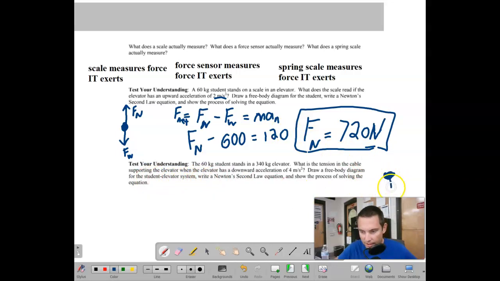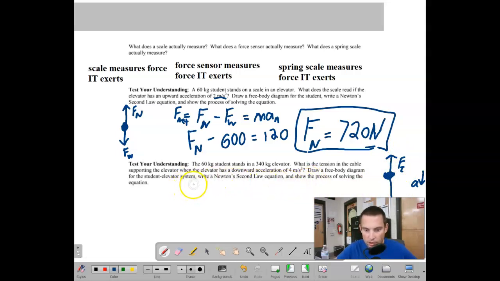So we have the combined weight of the student and elevator, and then we have the tension pulling up the elevator. Our acceleration is going down, so we can see this as a longer arrow. Our weight is going down and the tension going up.